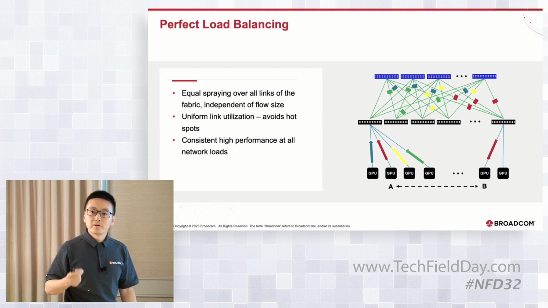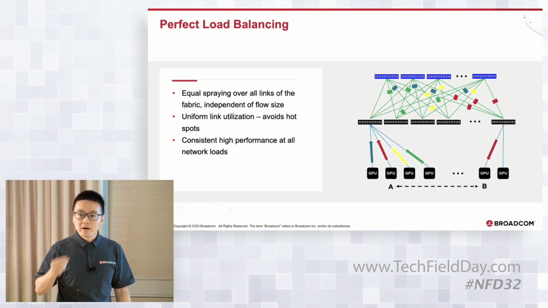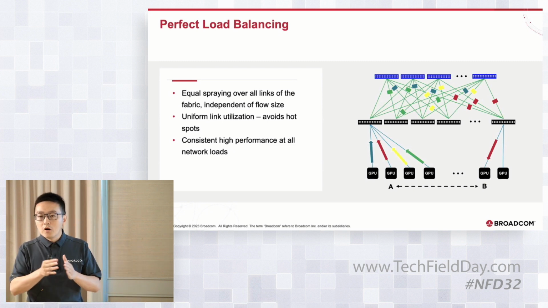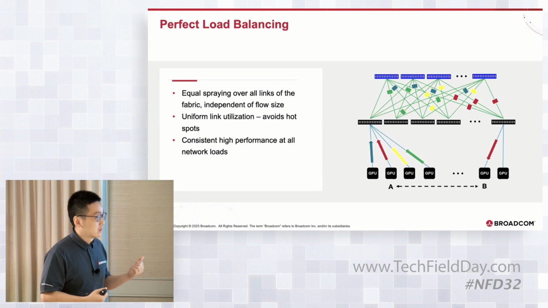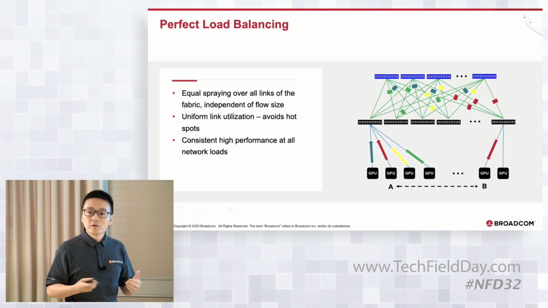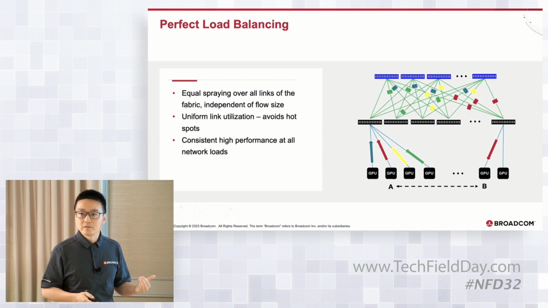Every link is at almost 99 to 100%. And no matter what the mix is, what the number of flows is and how big each flow is, it's always consistent. They were so impressed by the high performance of this architecture. The moment they saw the results, they fell in love with this architecture.